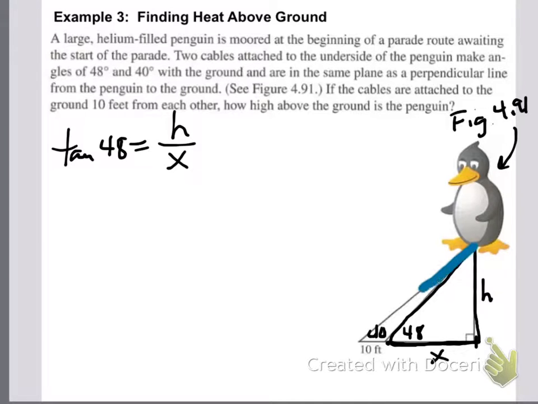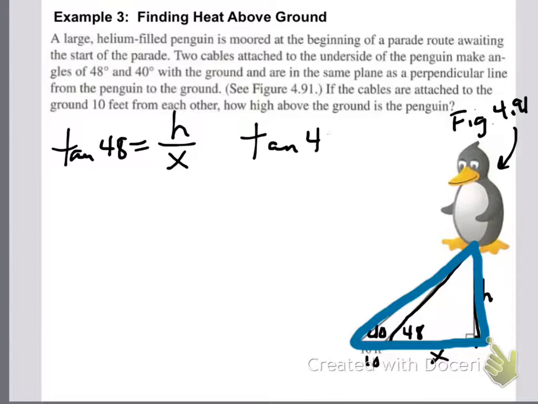Now let's look at the big one. Now remember, this little guy is 10. So I've got tangent of 40 equals opposite over 10 plus x. That's the length of that side.